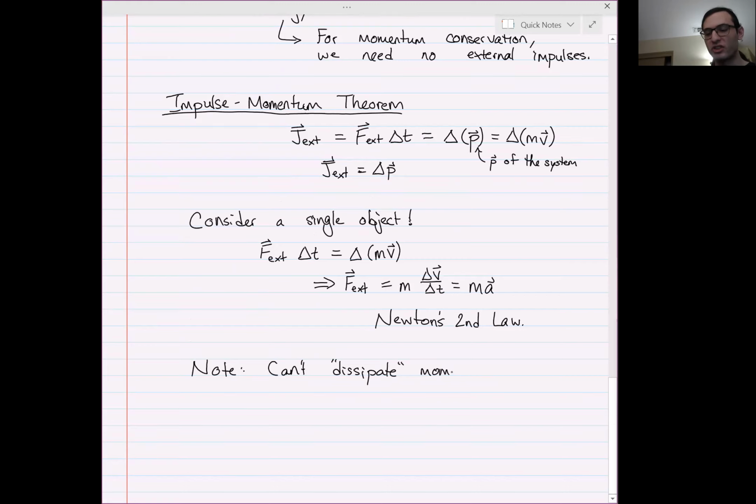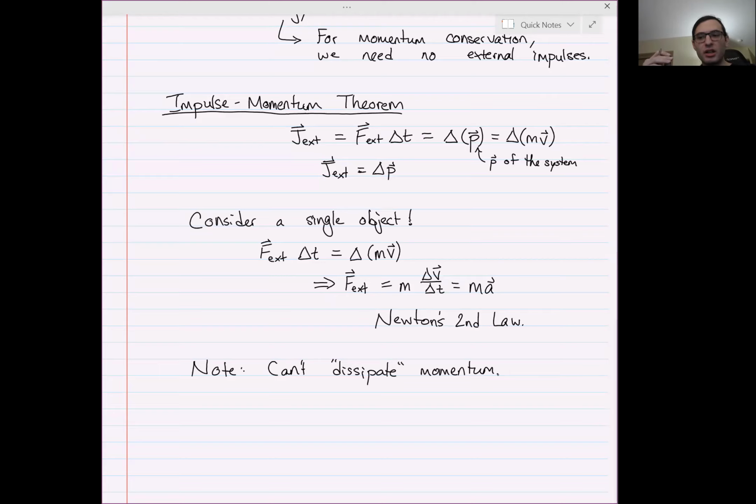There is no thermal momentum. The point I'm making is that you really need to keep kinetic energy separate from momentum in your head. They're related, but they're separate ideas. Friction can dissipate kinetic energy. It cannot dissipate momentum.